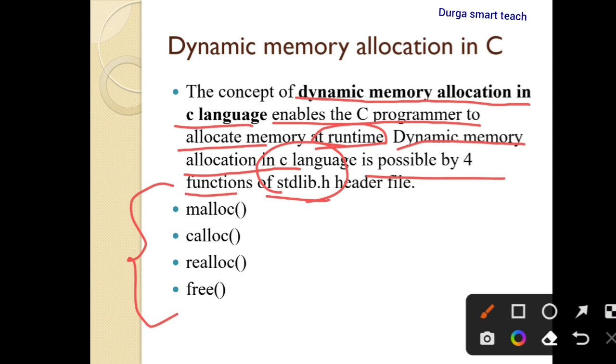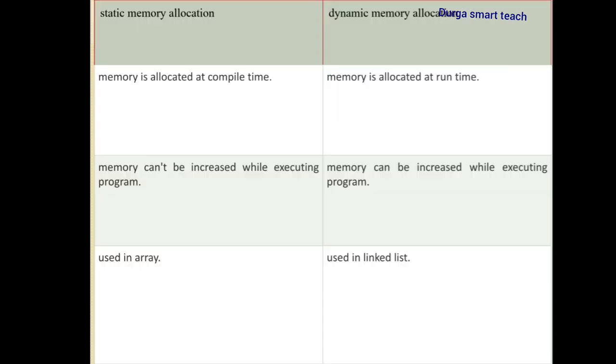All the declarations and definitions for malloc, calloc, realloc and free are inbuilt in stdlib.h. All these are used to allocate the memory at runtime. Okay, so let's see one by one.